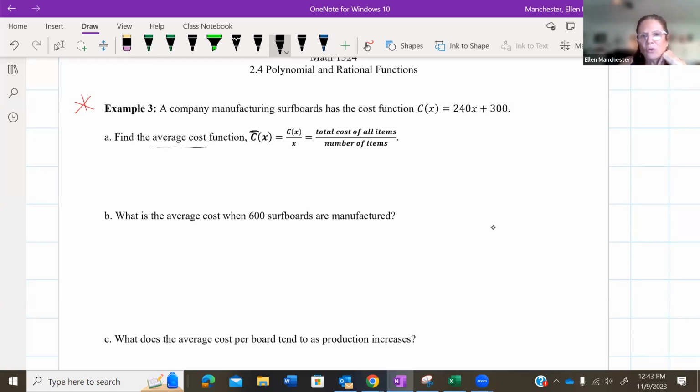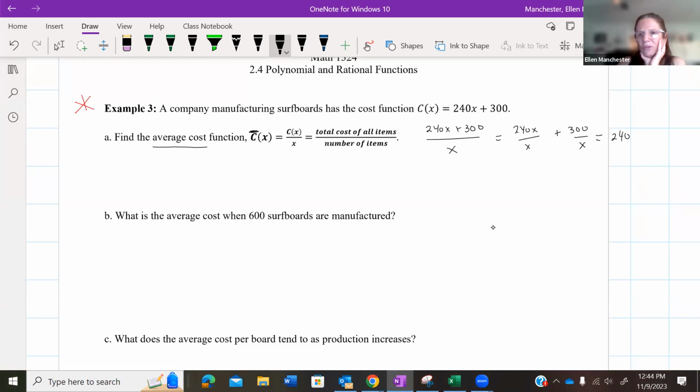You're going to take the total cost. So here's our cost function. And you're going to divide by x. That's it. And we can simplify, right? You can write that x under both terms. So I can simplify even further.